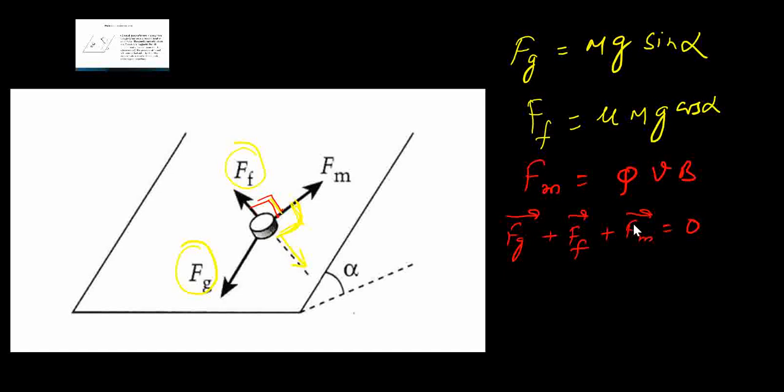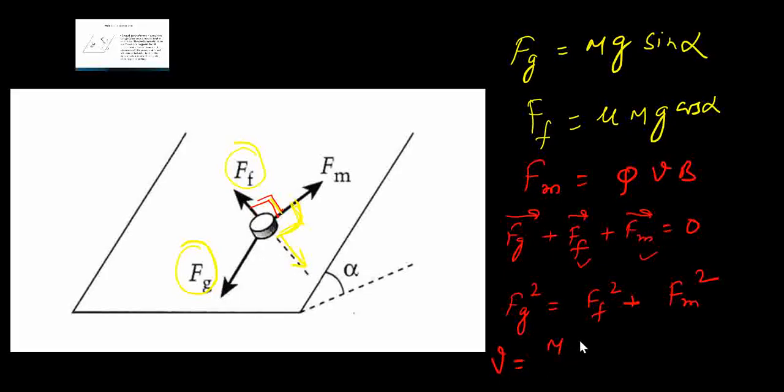And taking into account that these two forces are perpendicular to each other, we can simply write an equation like Fg square equals Ff square plus Fm square, and from here we can find the steady state velocity, and it's a simple question.